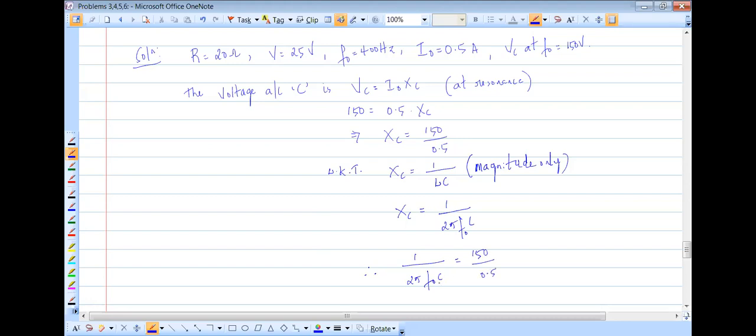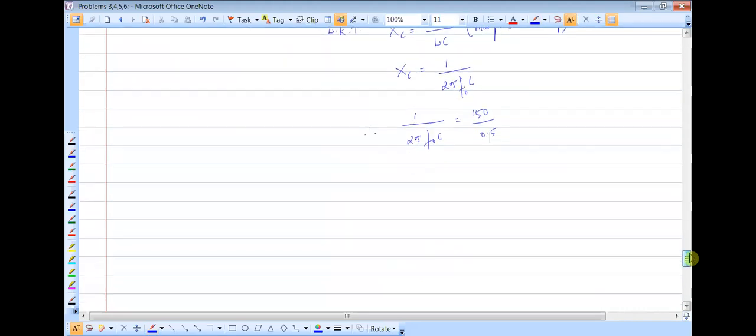What is unknown here? C is unknown now. Therefore I can obtain my C as 1 by 2 pi into 400 hertz, it is not kilohertz, times 150 by 0.5.